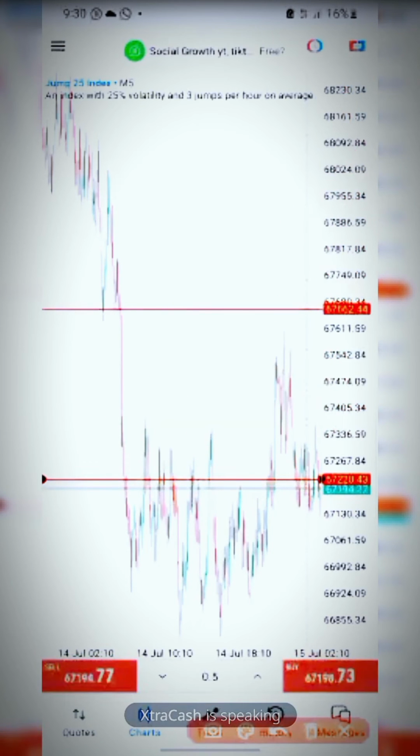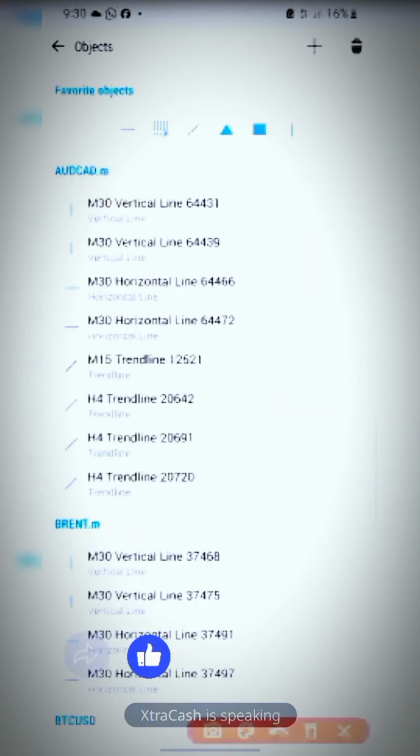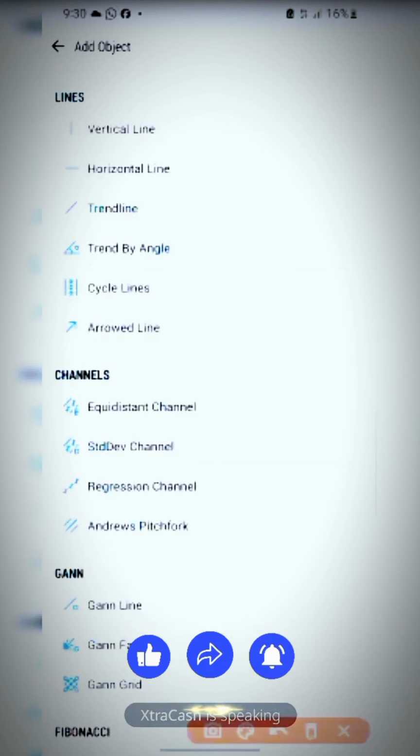You can get your trend line by clicking the middle of your screen. You click the middle of the screen, you see where you have the circle, triangle, and a square. Just click it, then click the plus sign. Then you will see a trend line.